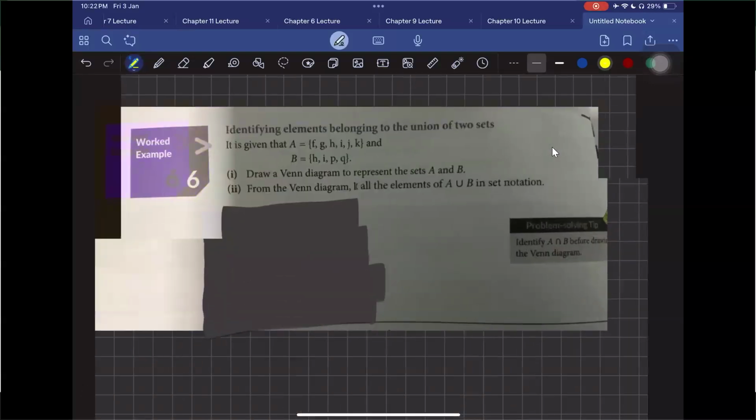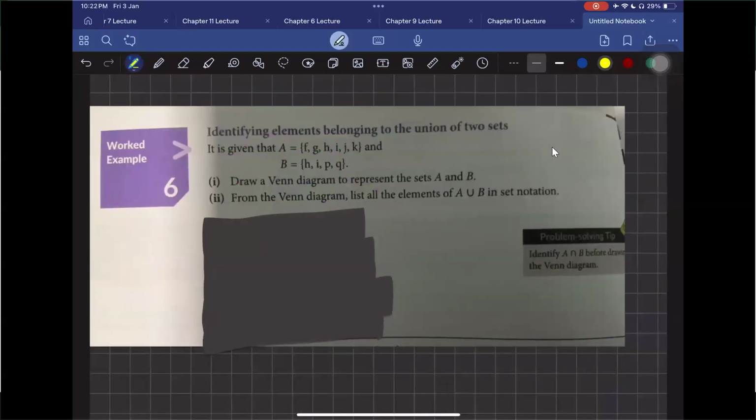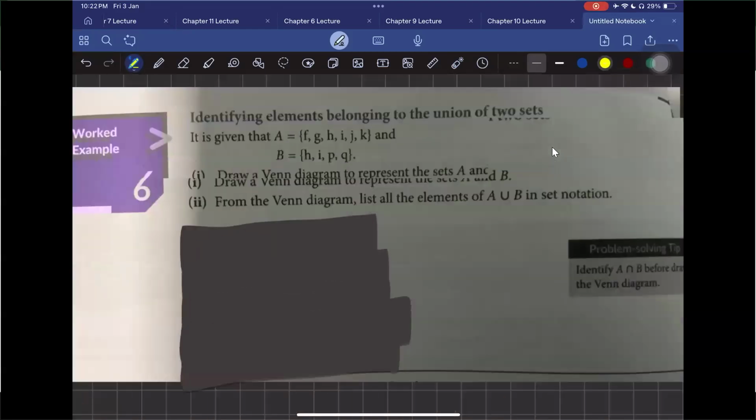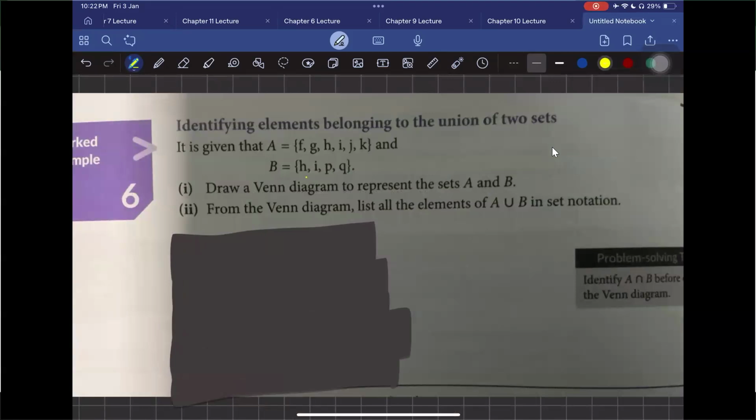Now again, let's take a look at this example. It's given that F, H, okay, just read it yourself. Draw the diagram to represent sets A and B. First, always identify which is common, so that it's easier for you to draw.